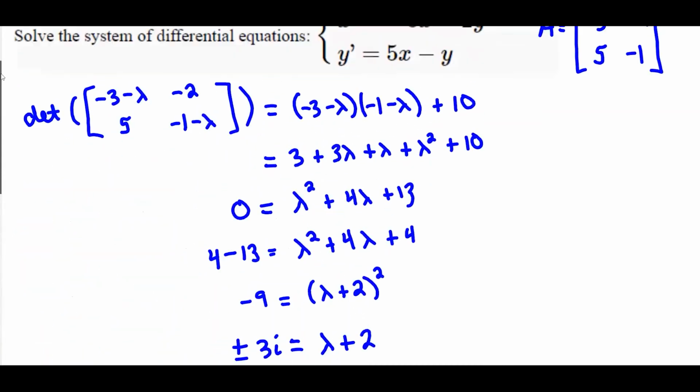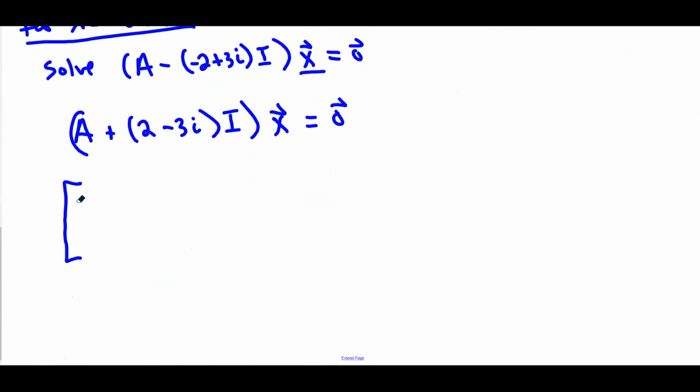So our main diagonal is -3. So I'm going to say plus 2 minus 3i. And then the other main diagonal is -1 plus 2 minus 3i. I think this was 5 and -2.